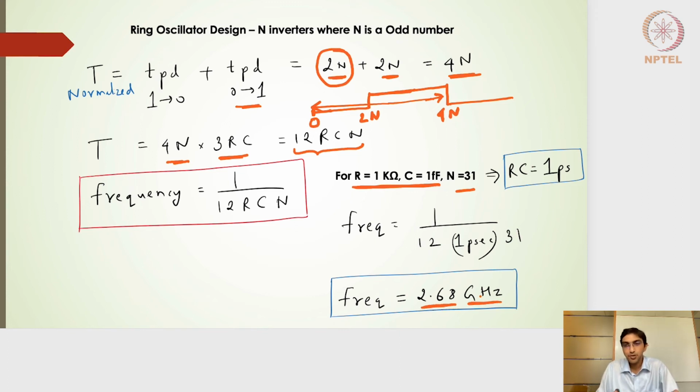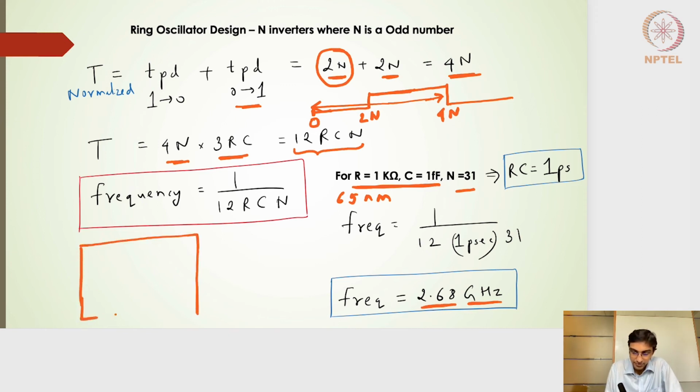Now this is a very important parameter, because this R and C value I've considered for the 65 nanometer technology node. It becomes very important because when we are developing a chip, I have a lot of area covered by the other circuits, and a lot of interconnects connecting to the circuits. Somewhere at the corners, we will have the ring oscillator design.